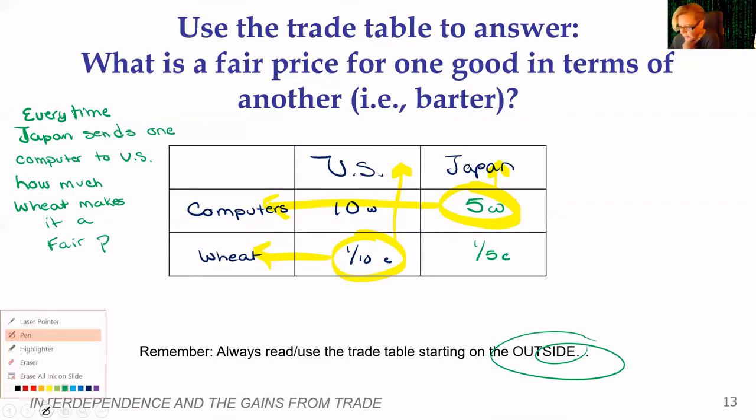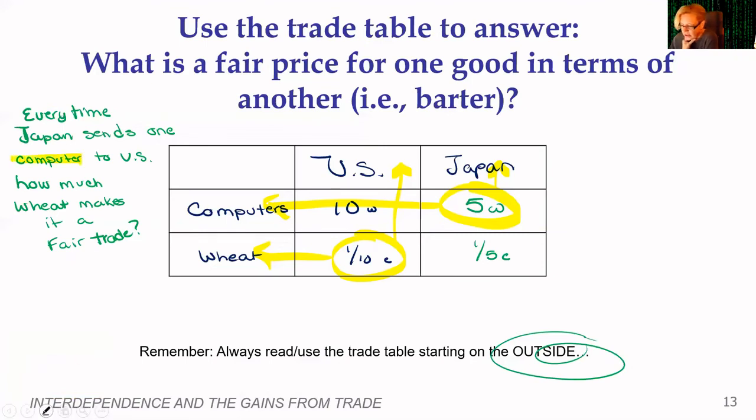So let me grab my eraser because I made a mistake. Fair trade or fair price, you'll see it listed both ways. How much wheat makes it a fair trade? Okay, now remember, work the trade table from the outside in. So what this is asking about is computers.